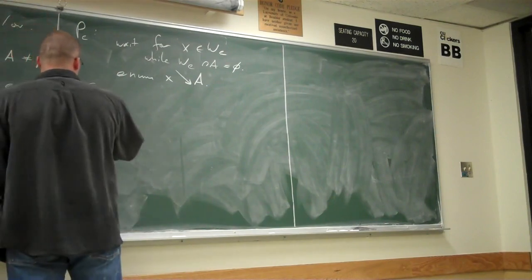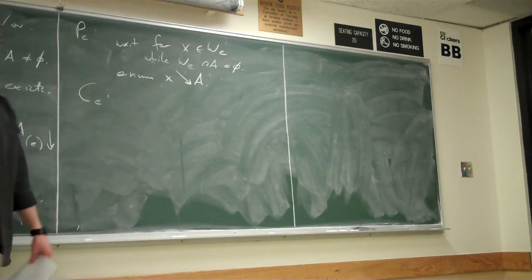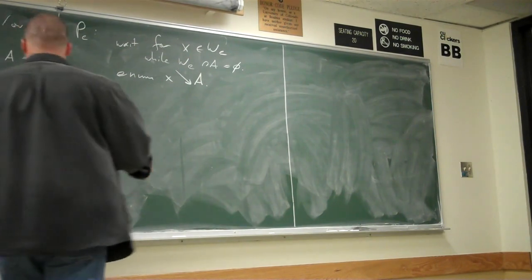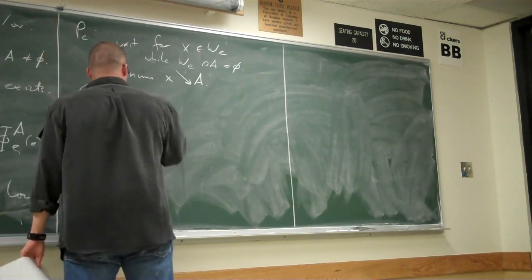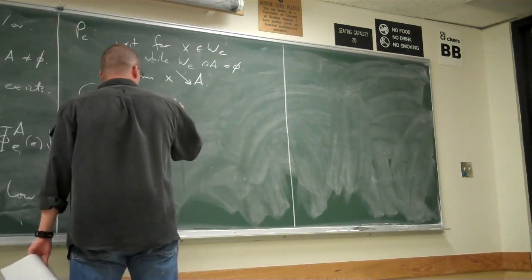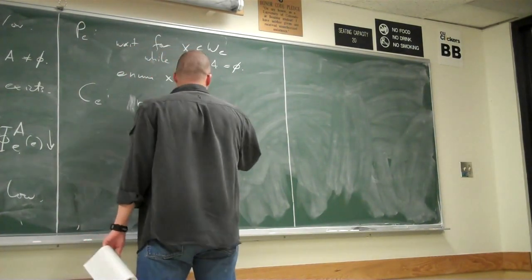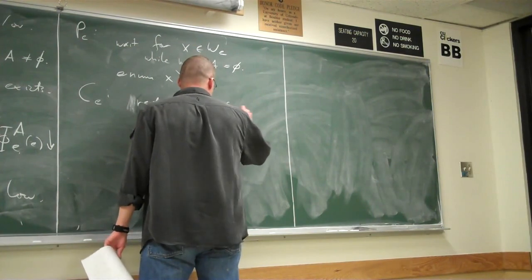C_e. Well, what does C_e do? C_e wants A_e to stabilize. How do you stabilize A_e? Well, it just says restrain A up to a_{e,s}+1.